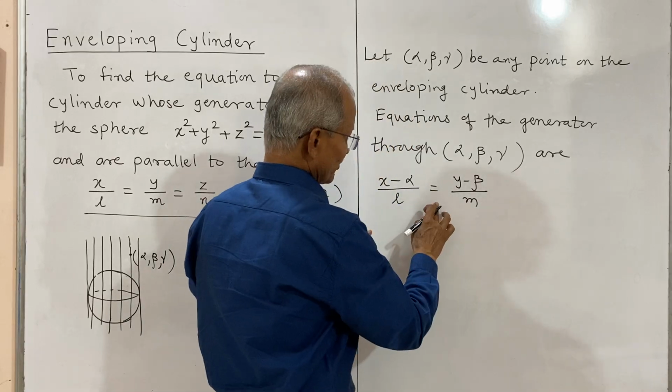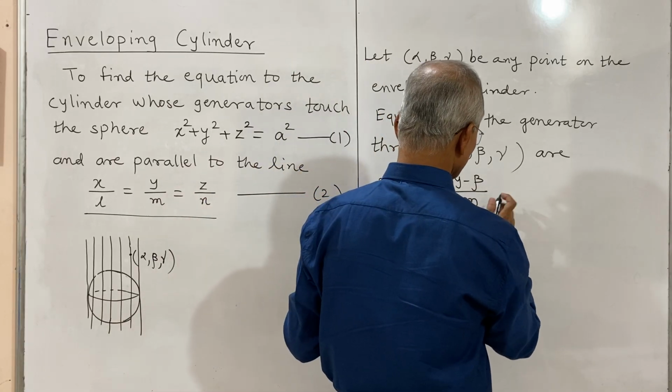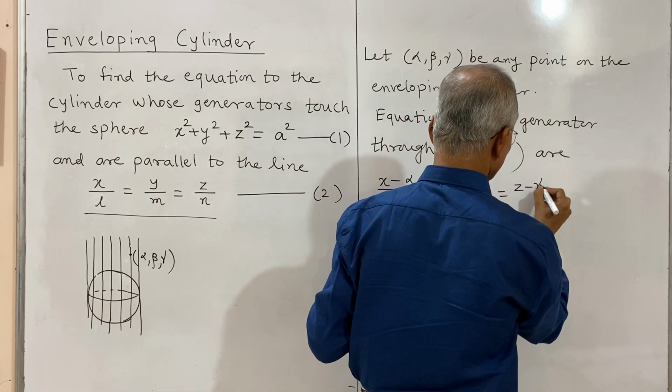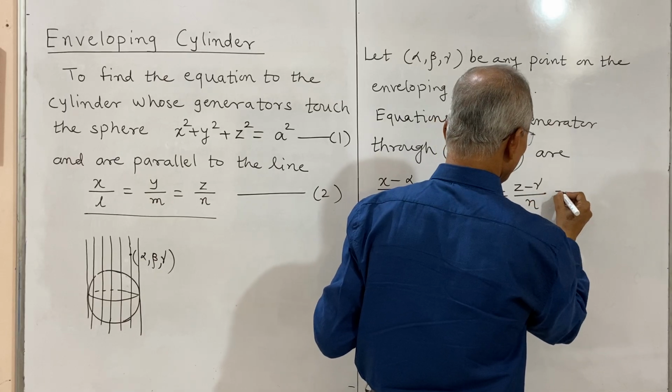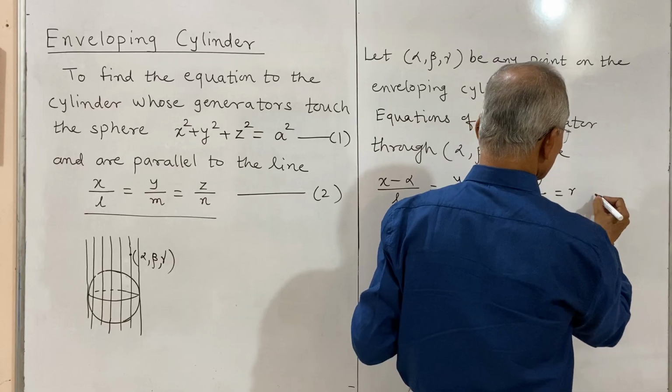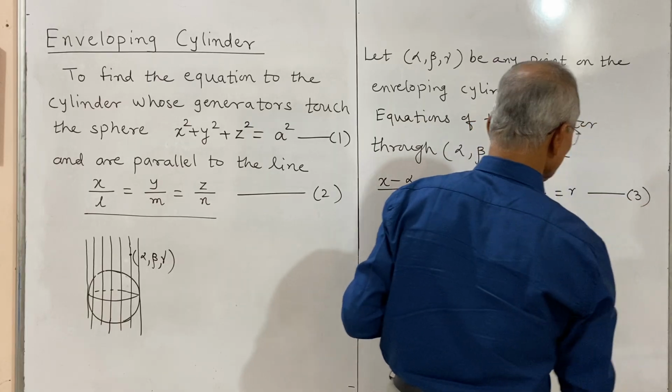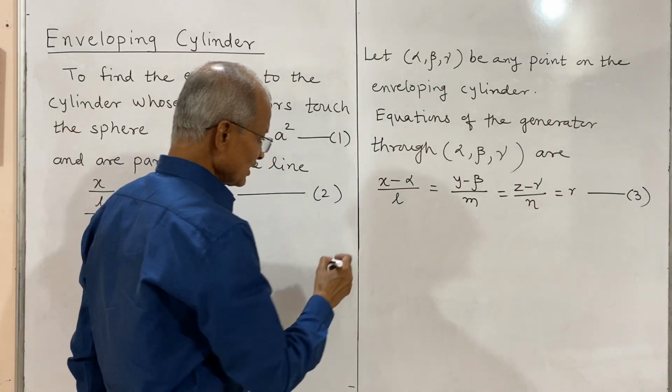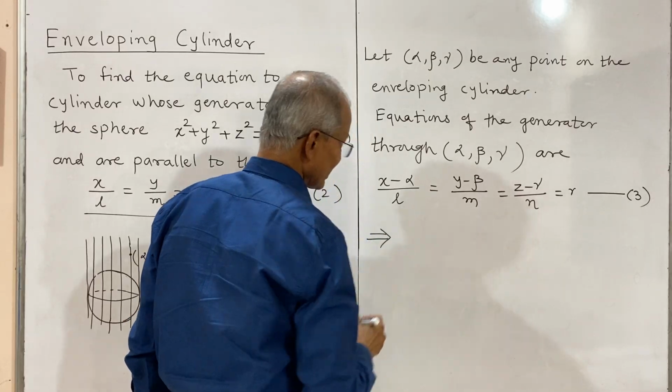x minus alpha upon L is equal to y minus beta divided by M is equal to z minus gamma divided by N, and all ratios are equal to some quantity. We shall assume that as R, and we shall suppose these equations are 3. From this we shall write the coordinates x, y, z.